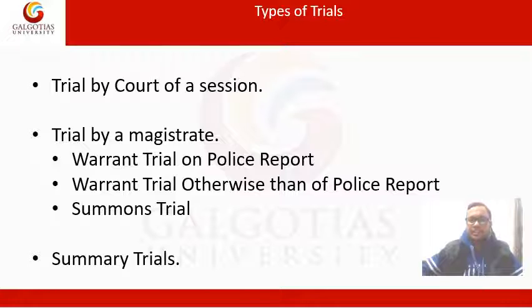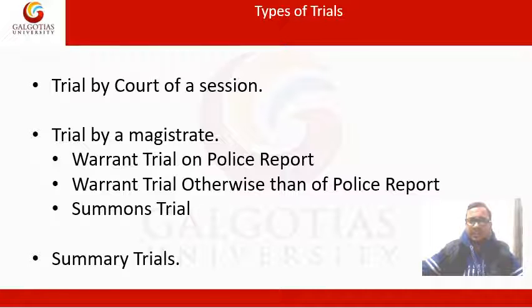The further step required in this case, the magistrate will be forwarding the whole case along with the accused, with all the documents and case files to the higher court, that is court of session. So this transfer of case from lower court to higher court for the purpose of conducting an actual trial is done, where the court of session trial actually begins. This is known as committal, the transfer of the case.